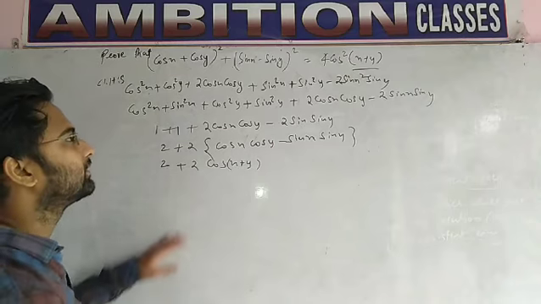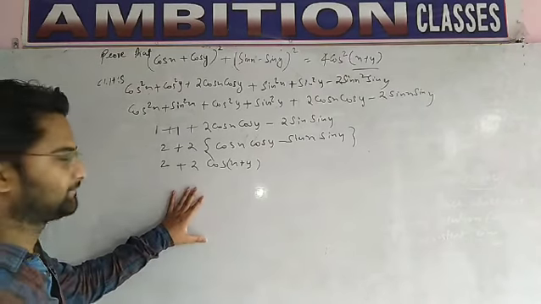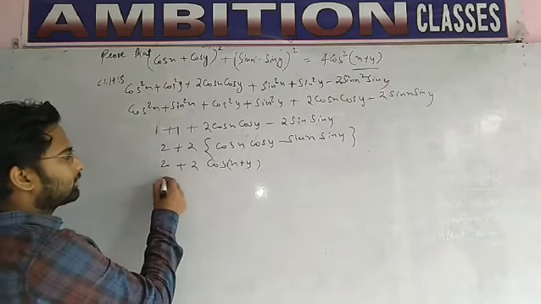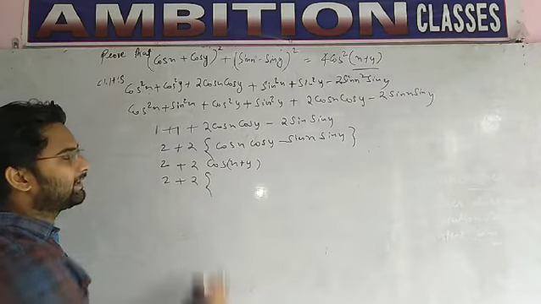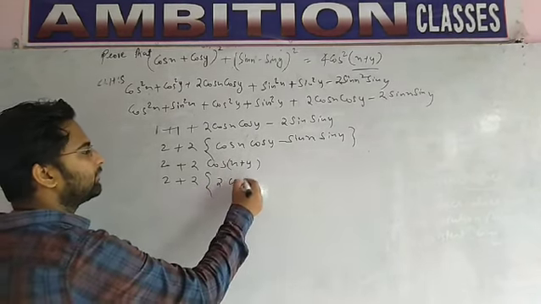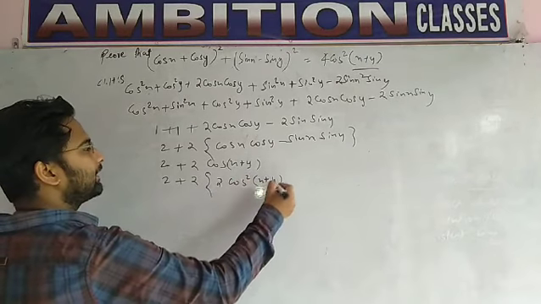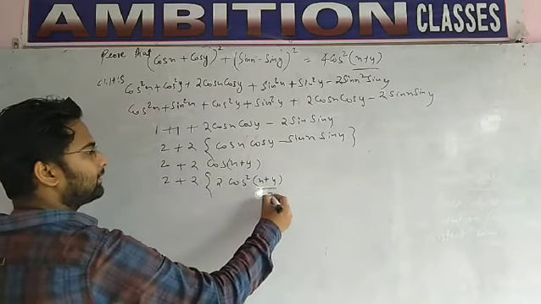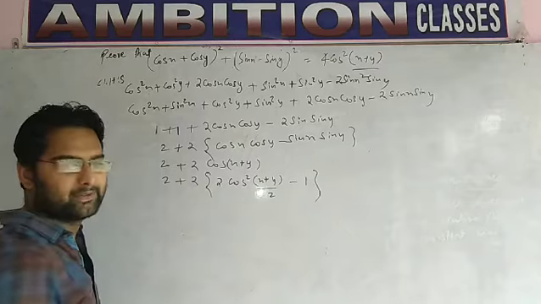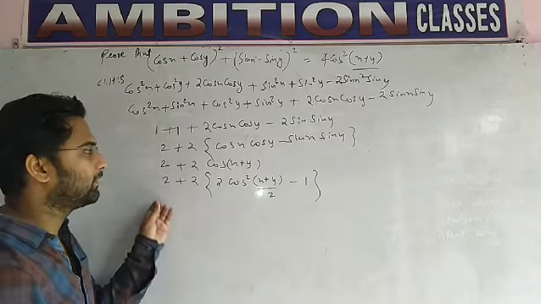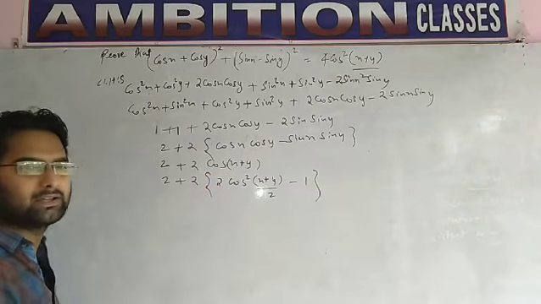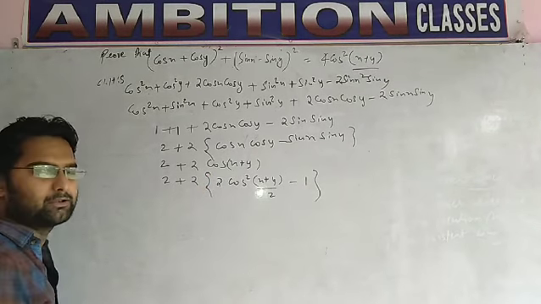Okay students, now we have to solve this question. 2 plus 2. For cos a, students, what can we write? We can write 2 cos square x plus y upon 2 minus 1, where we have the formula cos x equals 2 cos square x by 2 minus 1.